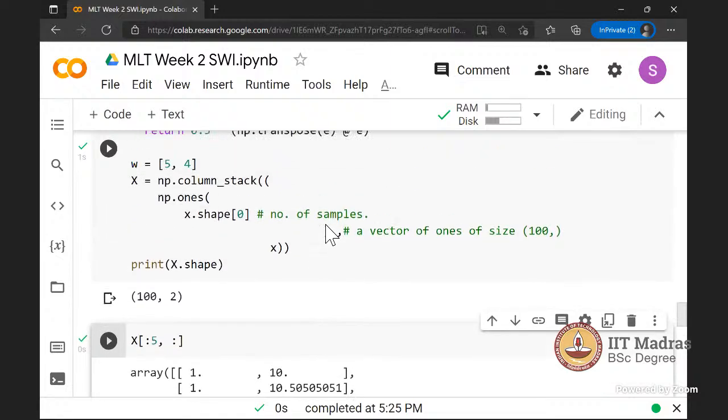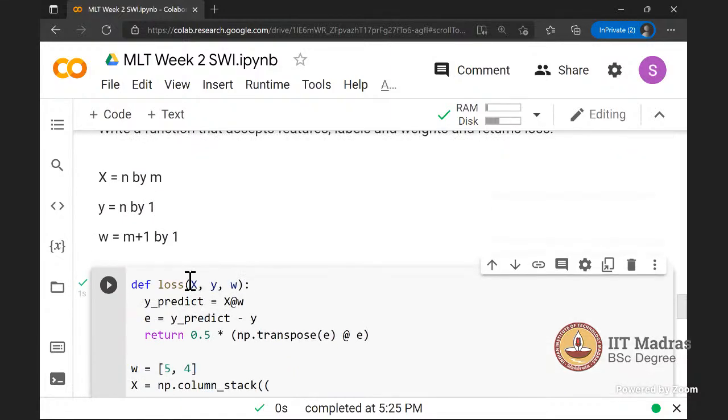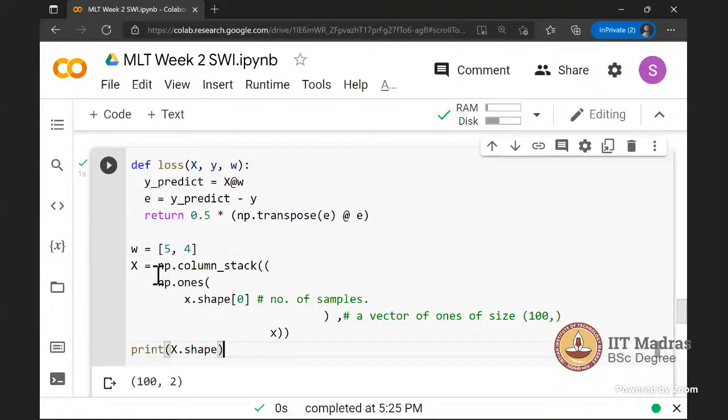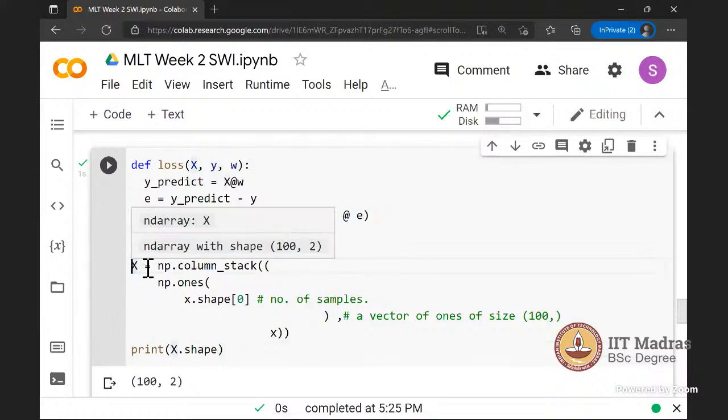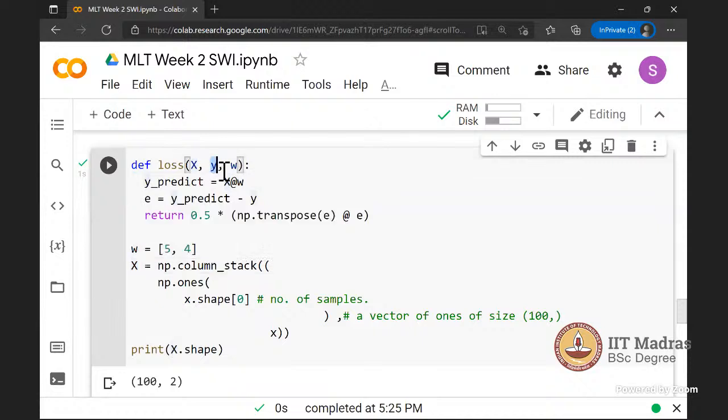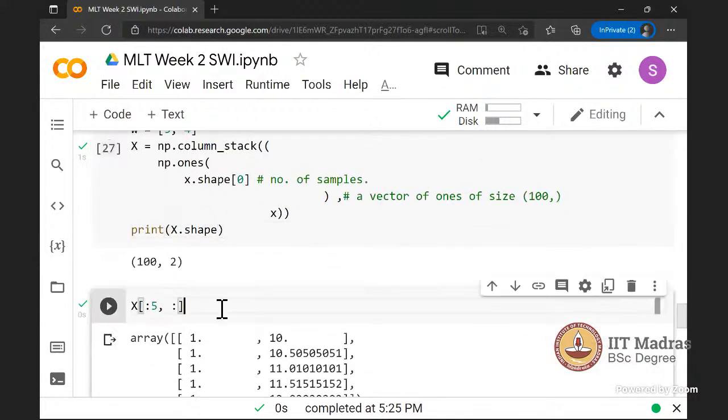All right, let's begin. So this is only one step before calling the loss function. We have our weight vector, we have our modified data in which we have added the dummy feature, and we also have our labels. Now all we have to do is call this function to compute the loss. Let's do that exactly.